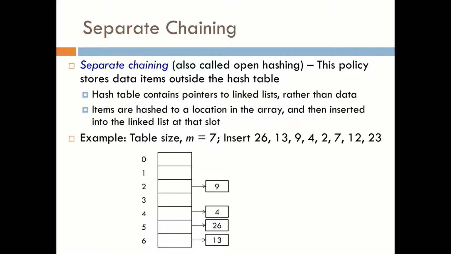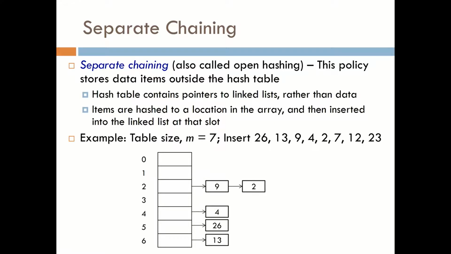So 2 mod 7 is not 5, it's 2. And so lo and behold, there's already an entity hashed to location 2, and so we have to add the value 2 to the linked list that's anchored at element 2 of the table. Okay, so now that linked list has 2 data items. It has the value 9 and the value 2.